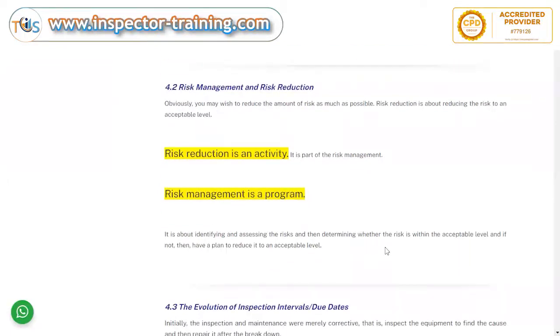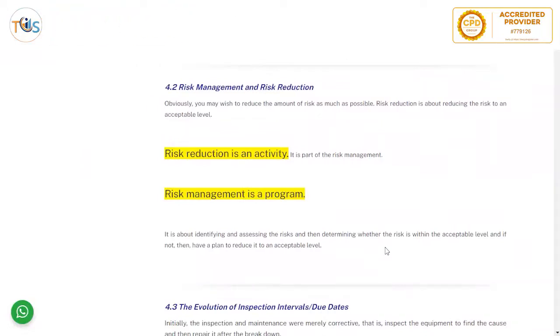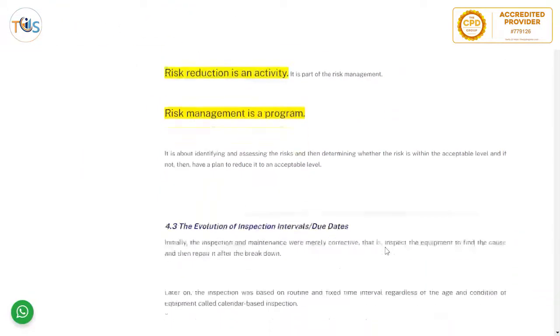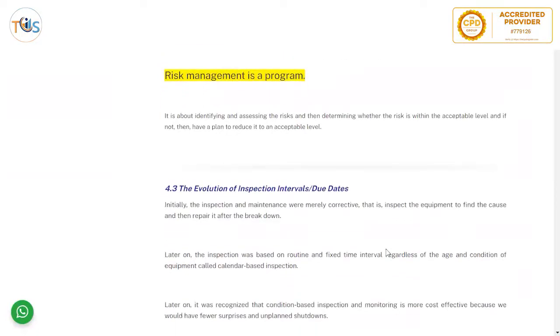Remember, risk reduction is an activity, while risk management is a process. It's about identifying and assessing the risk and then determining whether the risk is within an acceptable level, and if not, having a plan to reduce it to an acceptable level. So that's a risk management plan.